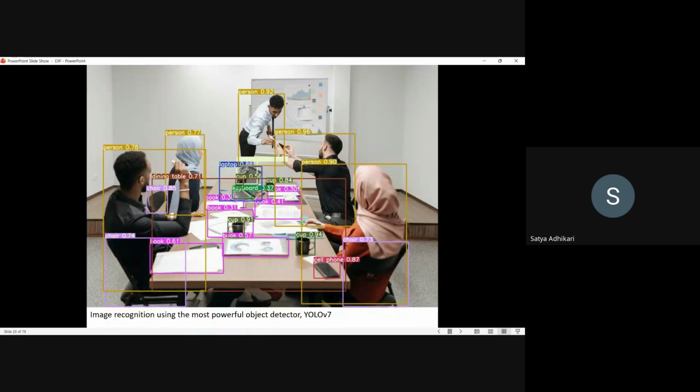You see, this image contains different types of objects. Some human beings are there, some persons are there, some objects are there, some cup is there, laptop is there, keyboard is there, and some papers or books are there.